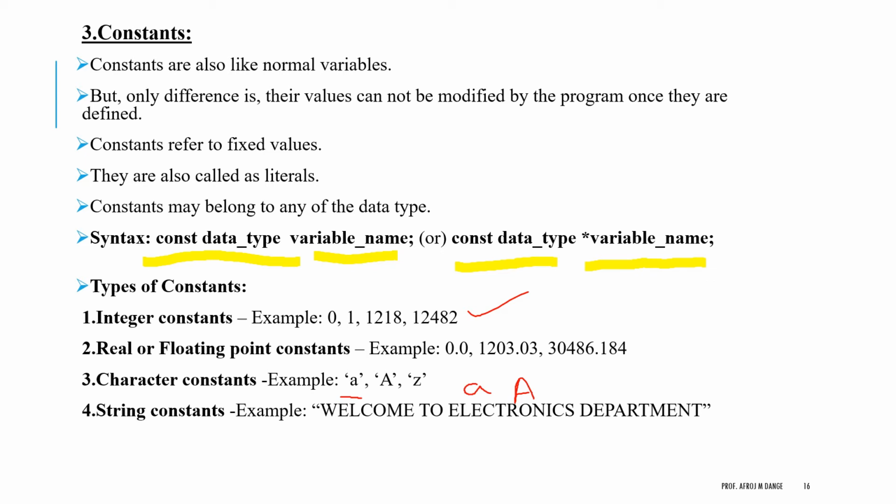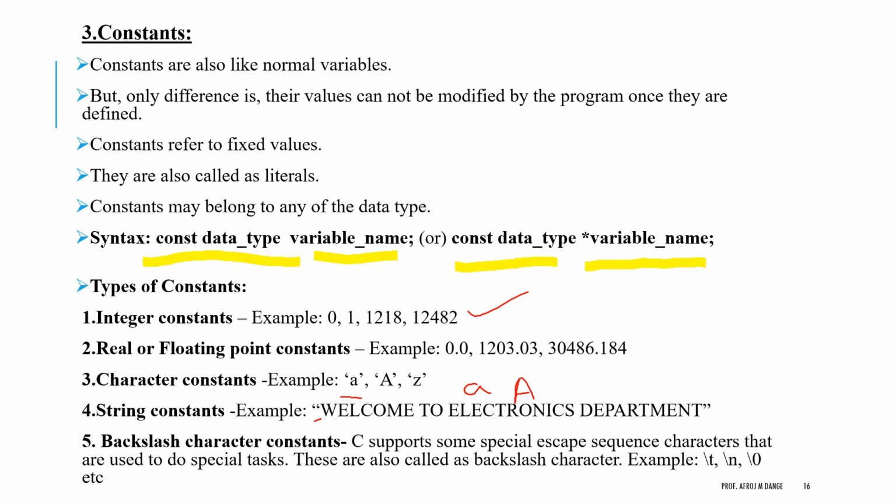It is again to be noted that double inverted comma and single inverted comma are different, because double inverted commas represent a string as it is enclosed within a pair of double quotes, whereas single quotes represent a single character. An example for a string constant is "welcome to electronics department".